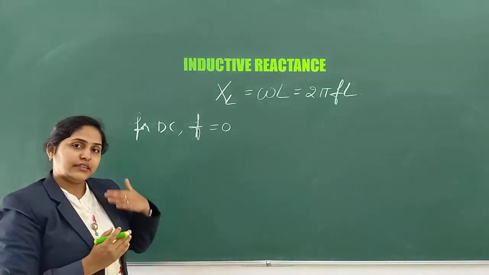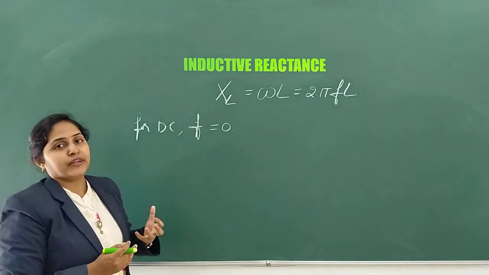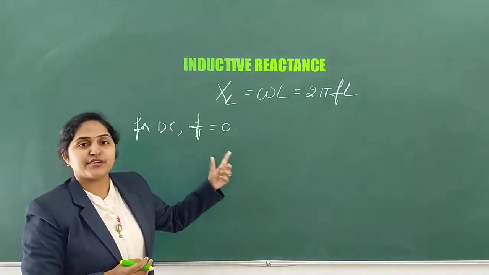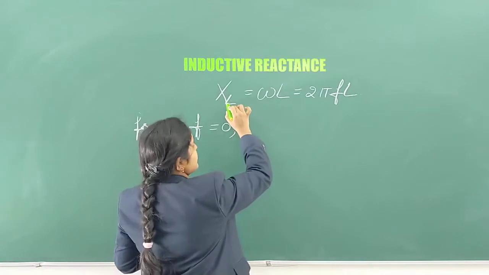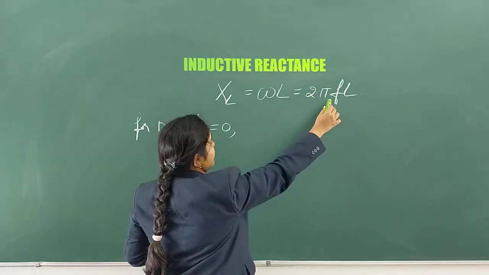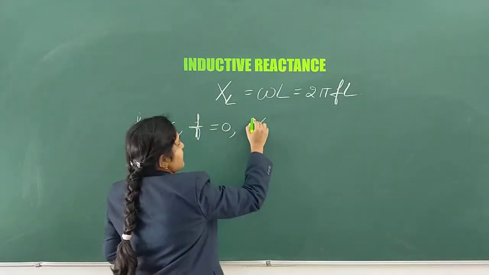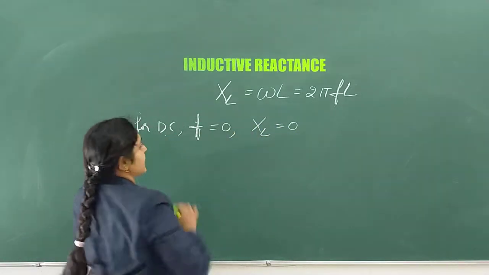Direct current moves in a straight path, in only one direction. Therefore frequency is 0 for direct current. Since XL is directly proportional to F, if F becomes 0, XL is also 0 for direct current.